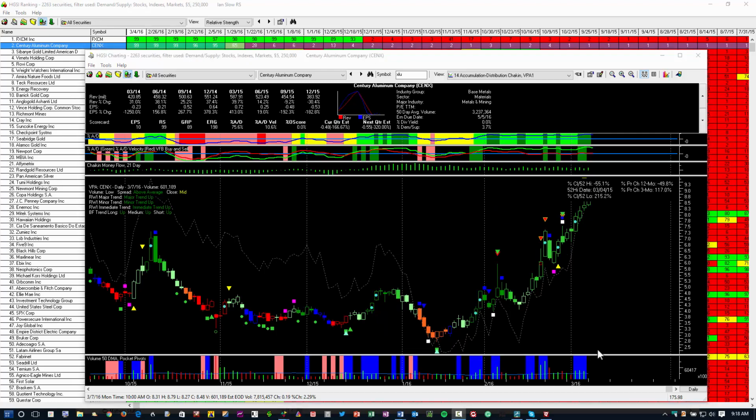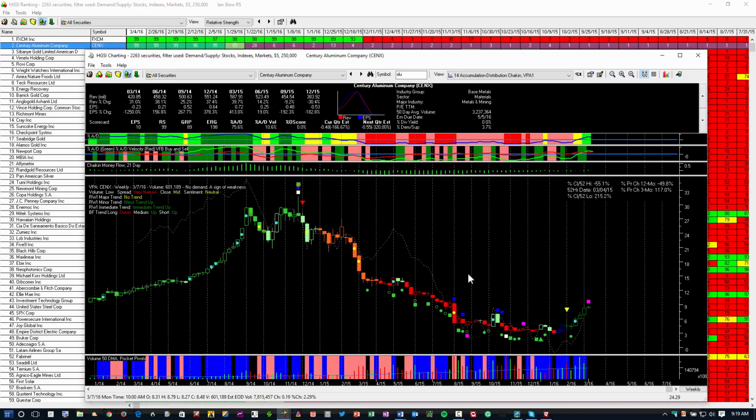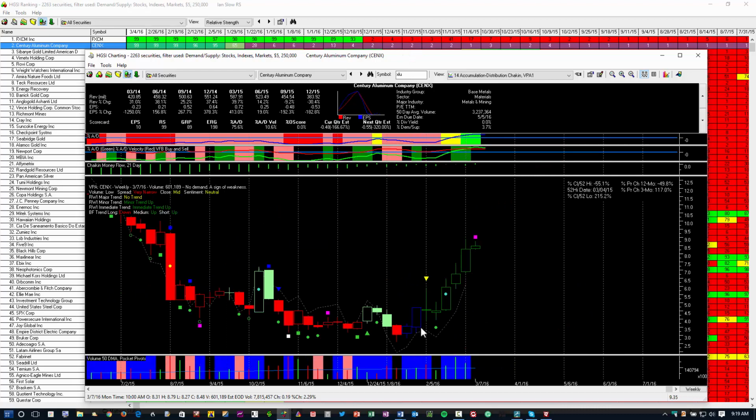Actually, let me go to a weekly chart. And I'll zoom in on this. I'll just choose my alternate 1 key. And then I'll bring up the arrow. So the week of the 29th would have been this week here. And you can see that it's moved up from red to yellow.